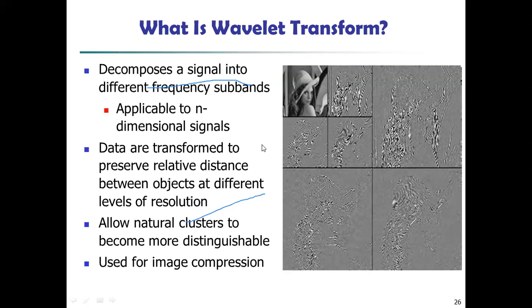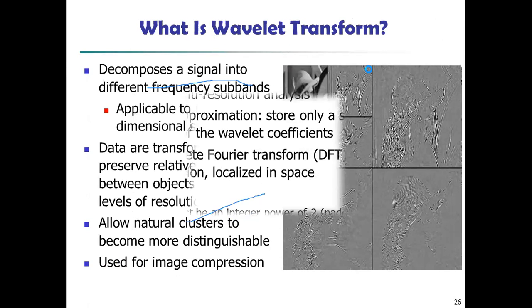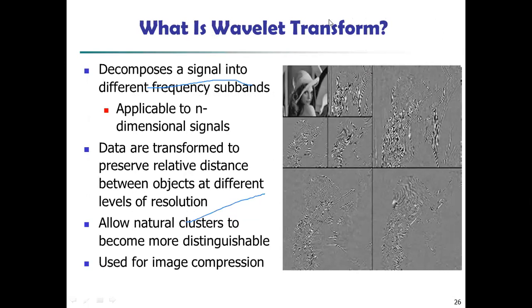Data are transformed to preserve relative distance between objects at different levels of resolution. It allows natural clusters to become more distinguishable, and is used for image compression. So this is the original image, and we convert it like this by applying the wavelet transform. Very clear?